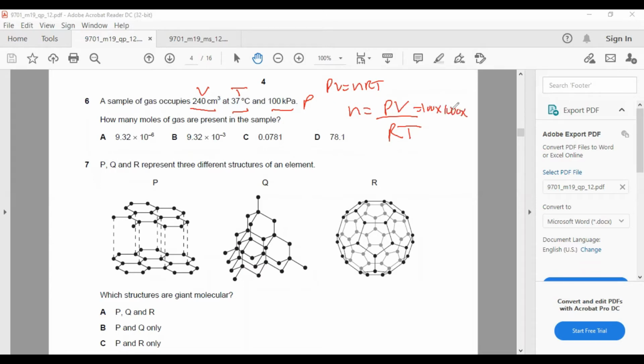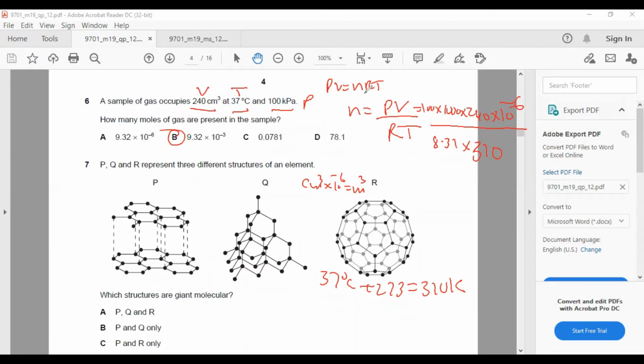Volume is 2240 cm cube multiplied by 10 raised to power minus 6 to get meter cube. R is 8.31. Temperature is 37 plus 273, 310 Kelvin. So the answer will be 6.